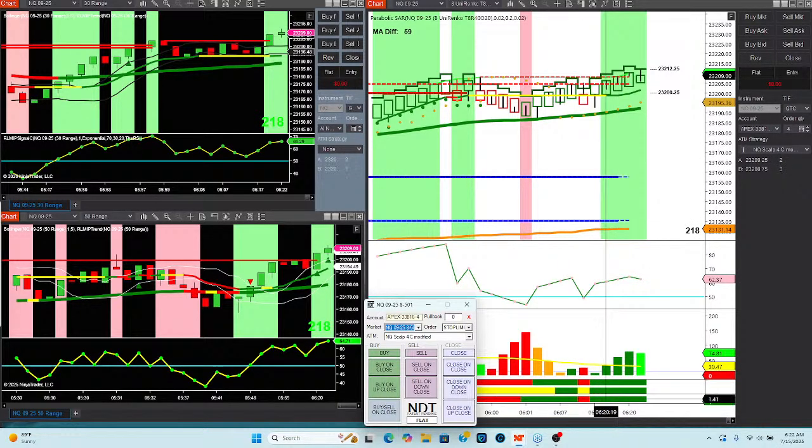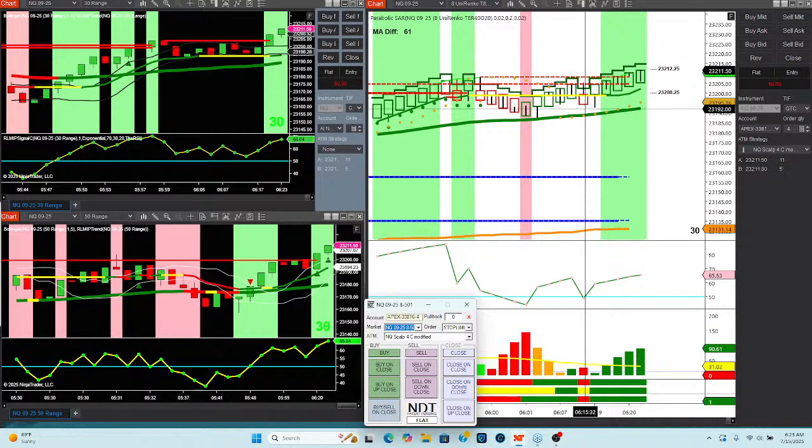And then this last one on the bottom is order flow, which is the halo around the bar here. Everything else is the same.